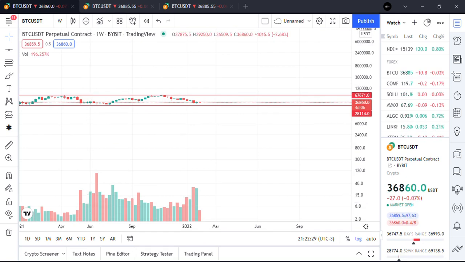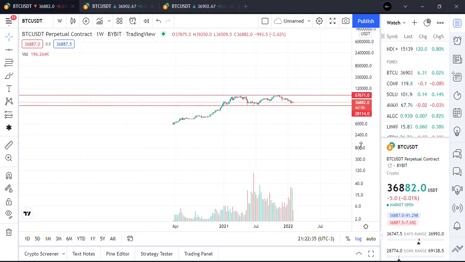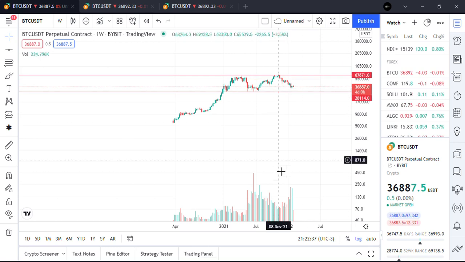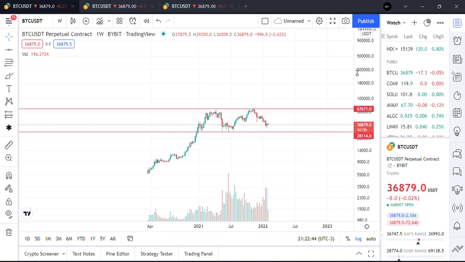And now we are at the weekly, and you can see that we have more candles at the weekly because it's a smaller time frame compared to the monthly. So you can see that price touched this level, went up, touched our resistance, and it came back down, touched support, and is back up at the resistance again, and it's coming back down.